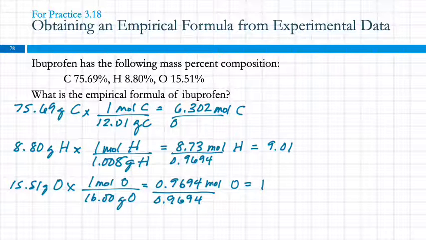This one, start over. 6.302 divided by 0.9694. This one equals 6.501.